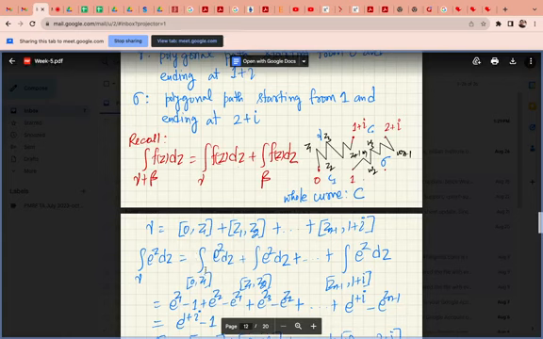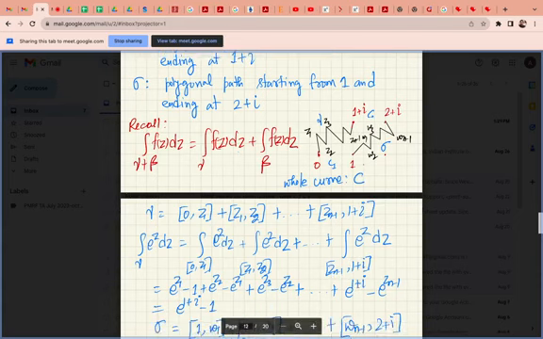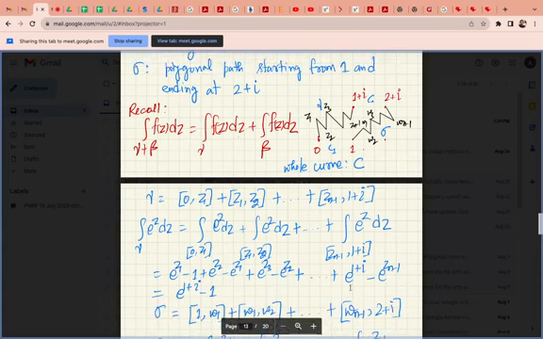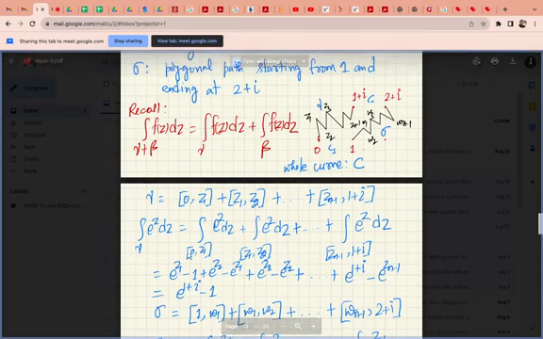So what would be the integration? The integral of e to the power z on this segment, and again on this one, and so on, plus the integral of e to the power z over z n minus 1 to 1 plus I. It has a primitive, so e to the power z1 minus e to the power 0, which is e to the power z1 minus 1.